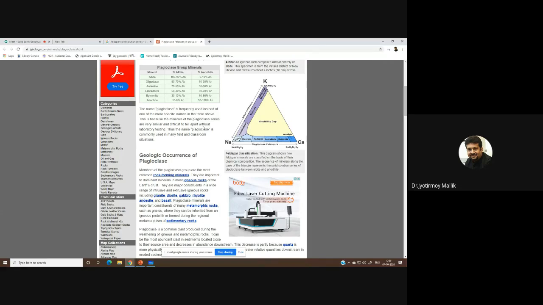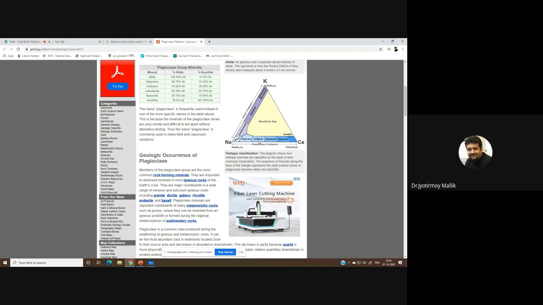So you can see here any composition is possible. Sodium feldspar is called albite. Then slightly replaced by potassium, anorthoclase, then sanidine, and then orthoclase or microcline, whereas 100% potassium replacement.